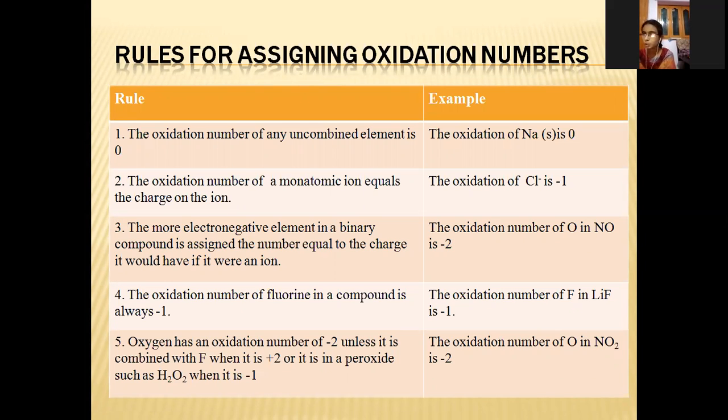See here, two elements are there, nitrogen and oxygen. The oxidation number of fluorine in a compound is always minus 1. So if we take any compound containing fluorine, the oxidation number is always minus 1.